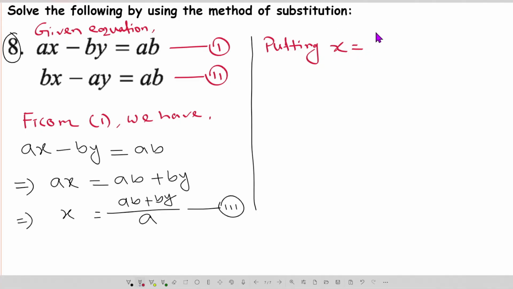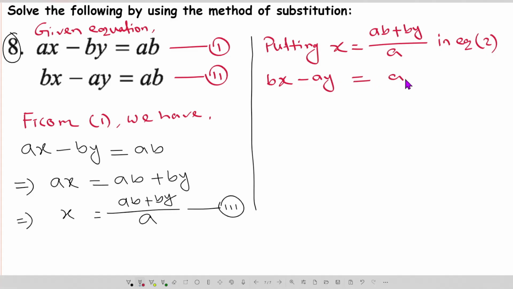Equation 2 here is bx minus ay equals ab.